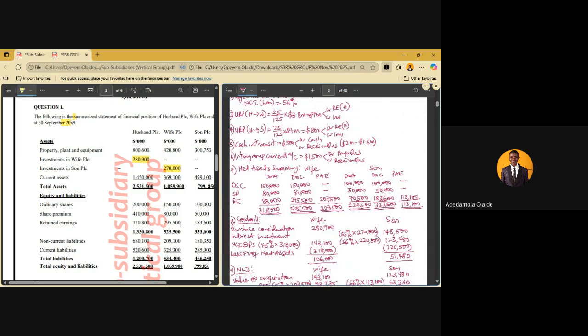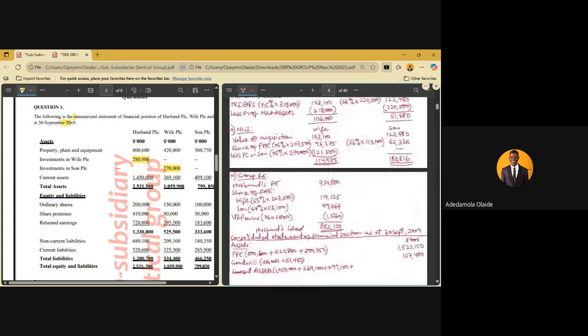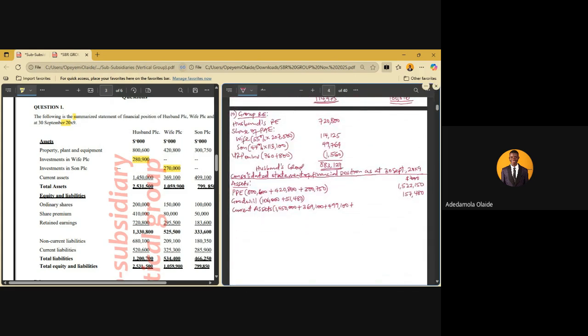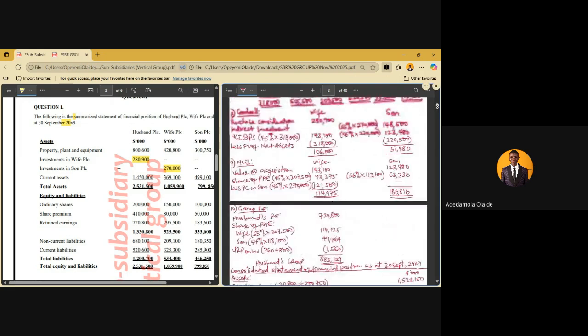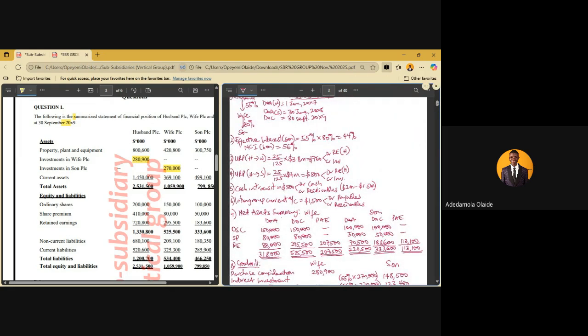No, sorry. Let's start with the unrealized profit. We have to credit inventory in both cases, 760 and 800. A credit to inventory will be a negative, so we'll say minus 760, minus 800. Then we said they should debit cash and credit receivable.